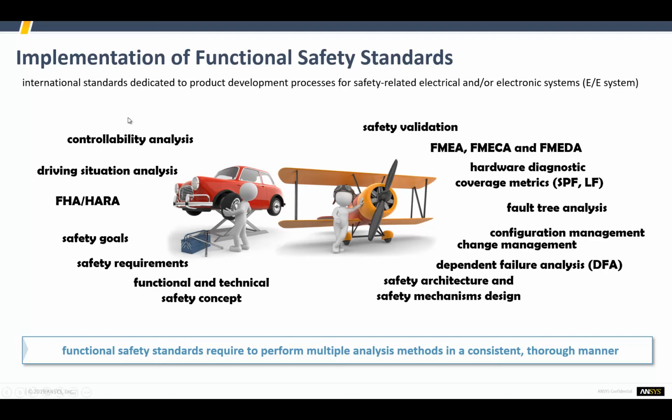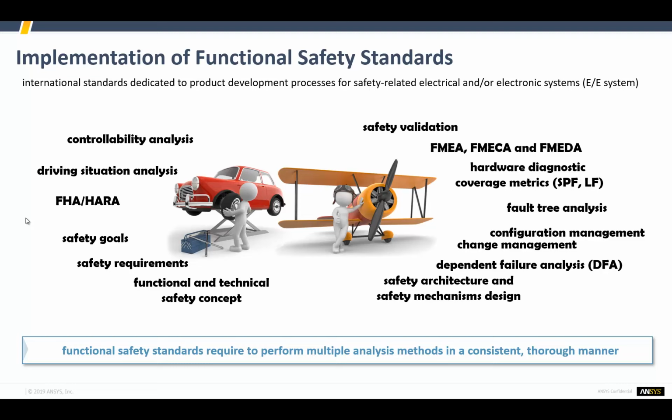We talk about methods to do a very early hazard analysis and risk assessment, the HARA in the automotive domain or FHA in avionics. We talk about establishing safety goals and refining safety goals into safety requirements. We talk about creating functional and technical safety concepts, which summarize the idea and the approaches to safety in a concept.